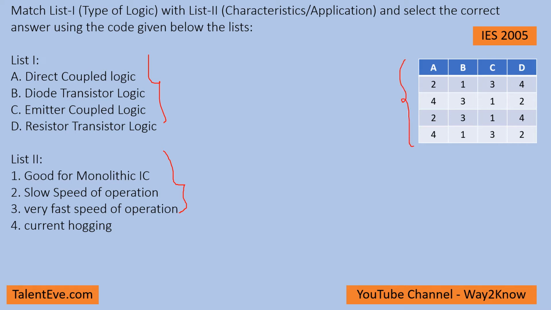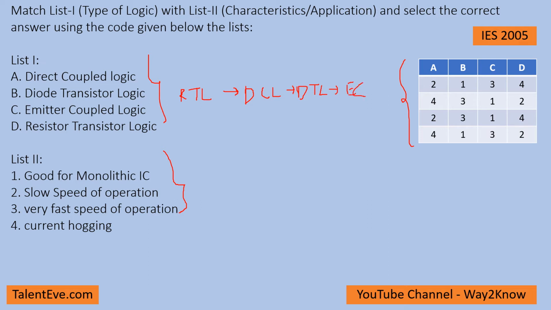So before describing this, we have to understand the evolution of this logic family. The evolution of logic family, if we restrict to these 4, started with RTL, and then it comes to DCL, and it comes to DTL, and then the ECL.